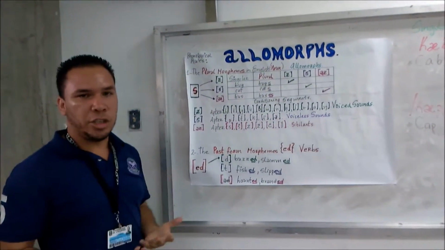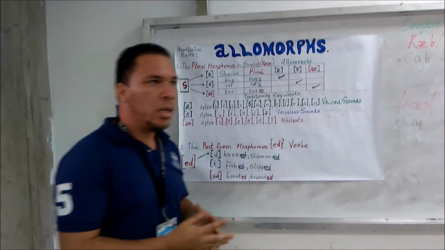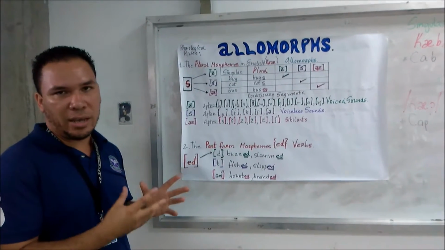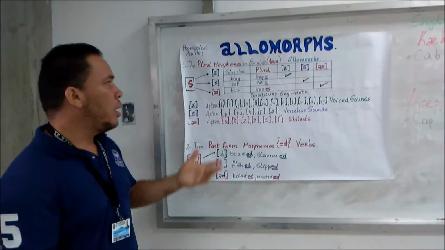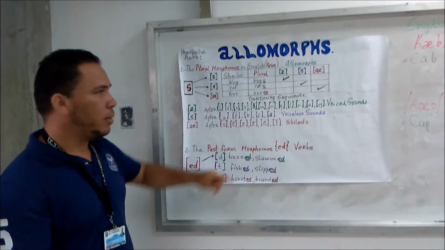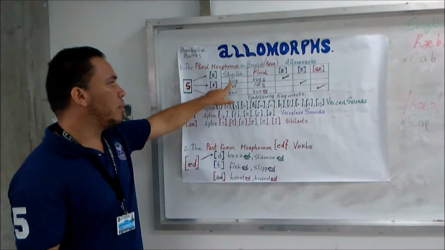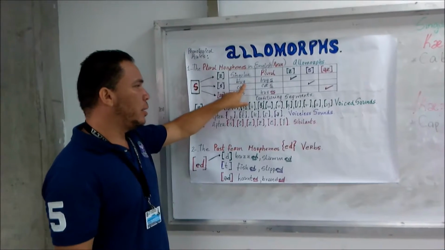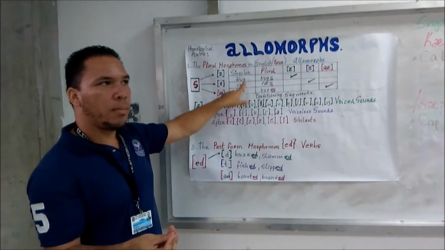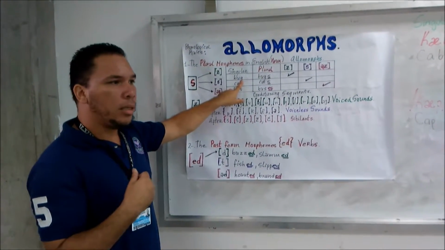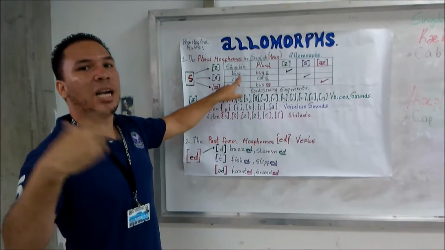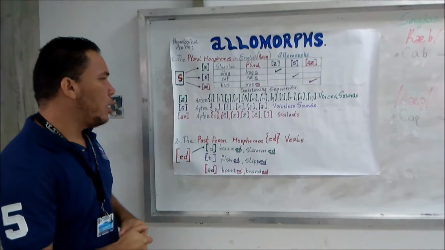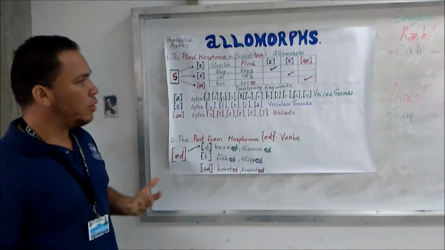But what is the conditioning segment? In this case, in the nouns, it is the final segment. For example, in bag, the final segment is g. It depends on this to decide the allomorph in the plural. What is the condition?